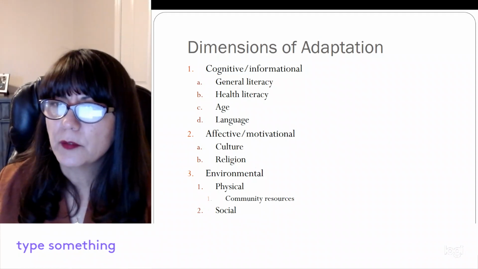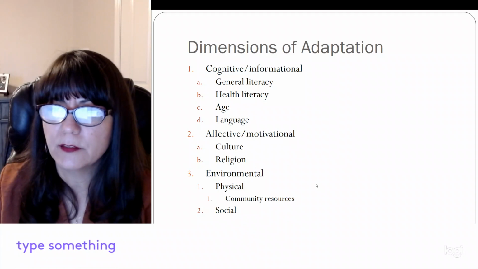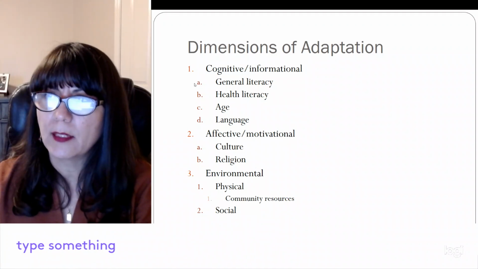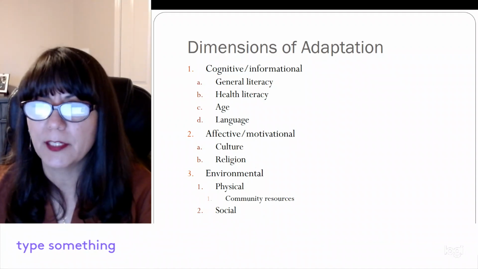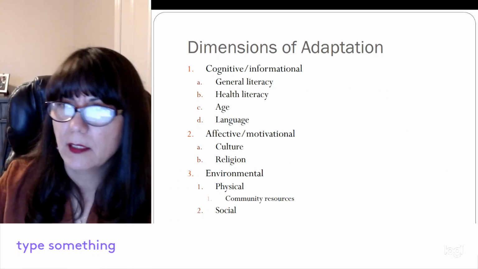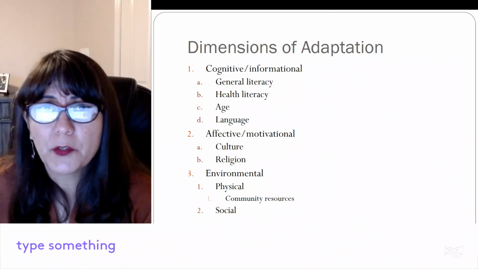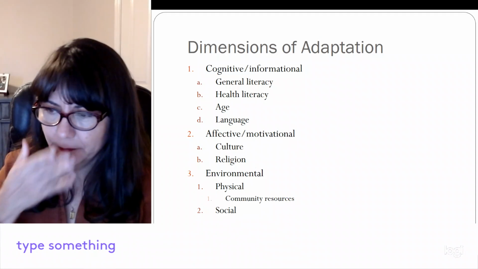Okay, so these are the dimensions of adaptation identified in the Castro article. They talk about the cognitive informational, the affective motivational, and the environmental dimension of adaptation. In the cognitive informational dimension, basically you want to make sure that your target population is understanding the educational material.